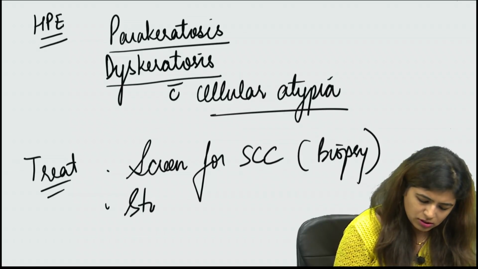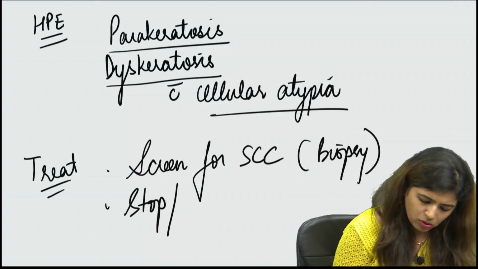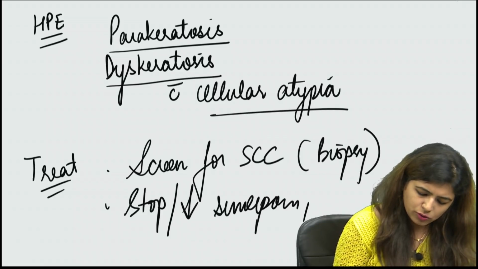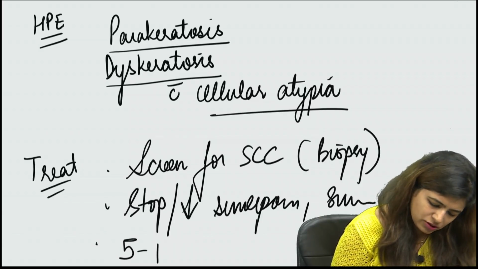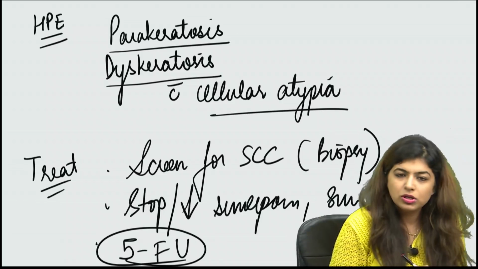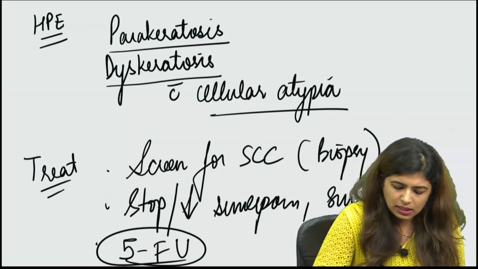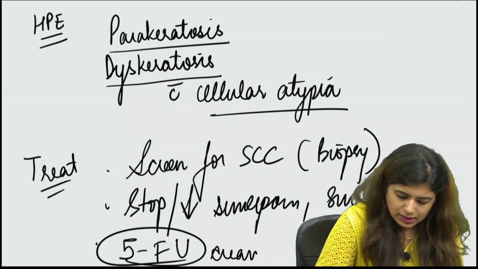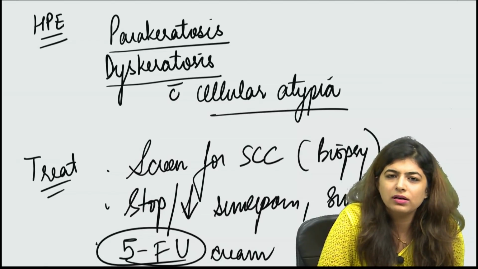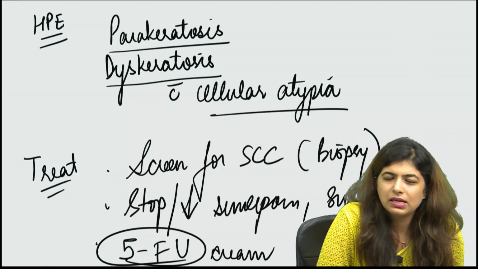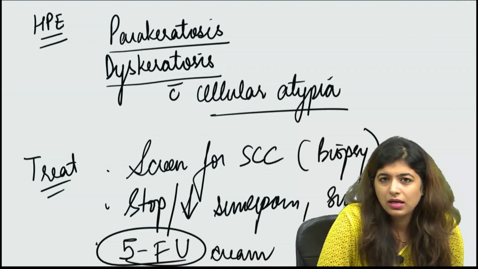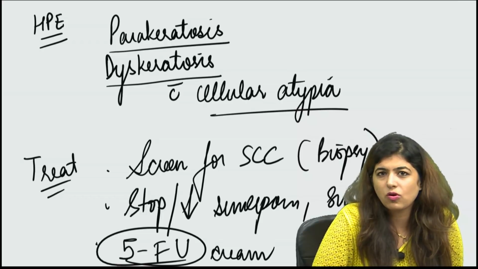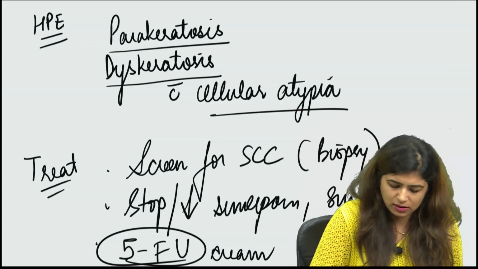Then you ask the patient to stop or decrease further sun exposure, use good sunscreens, and if I have to treat, I treat it with 5-fluorouracil. It's a topical agent given in the form of a cream. It's a cytotoxic drug. It will kill the atypical cells and the cells which are causing this actinic keratosis, thereby eliminating the lesion and eliminating any chances of malignancy which would have developed within the lesion.